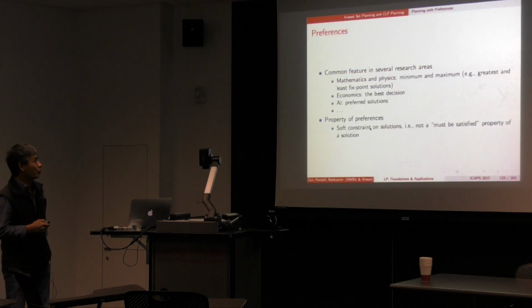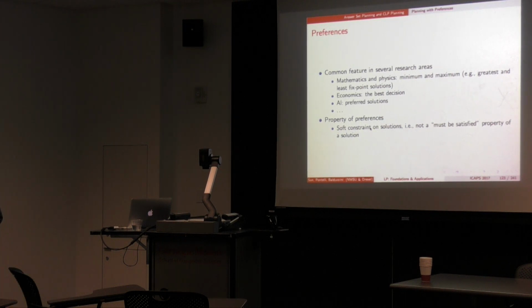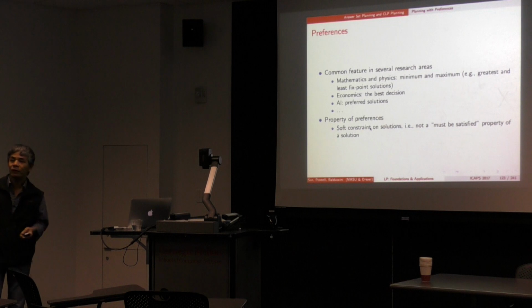Why do we want planning with preferences? It's one of the research topics that is very interesting in planning. There are several problems where we would like to have certain preferences about our solution.